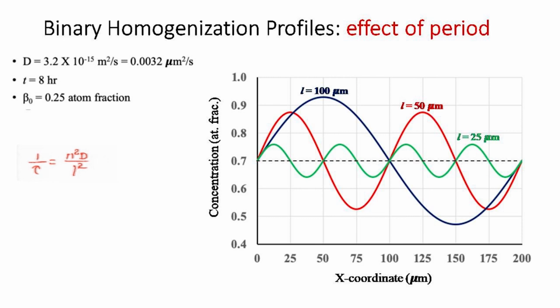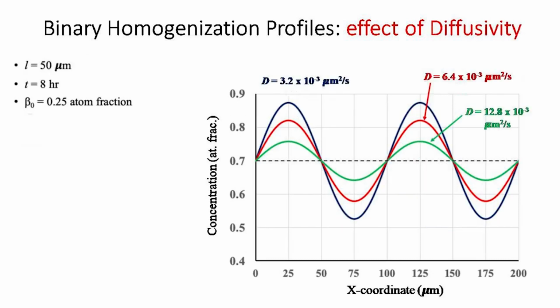Then obviously, since 1 by tau, or the rate of homogenization, is pi square D by L square, as the diffusivity increases, the rate of homogenization should also increase, and it is shown in these profiles here, again with the same parameters at t equal to 8 hours and the half of the period 50 micron. For different values of diffusivities, the profiles are shown here.